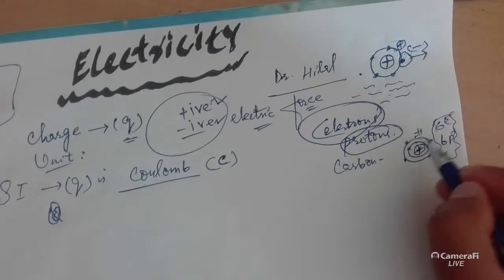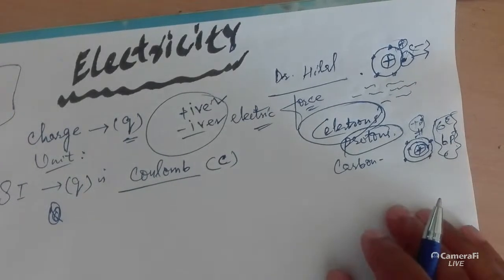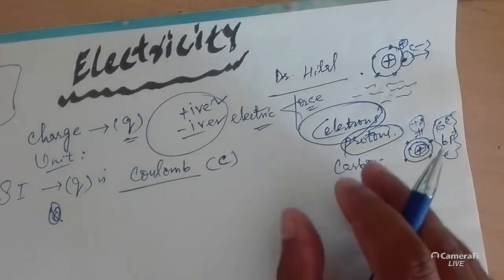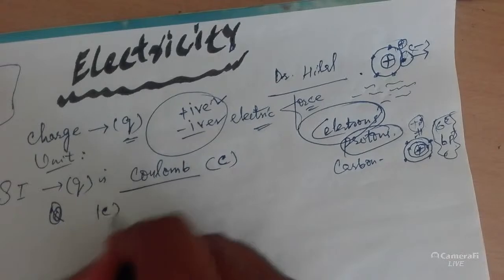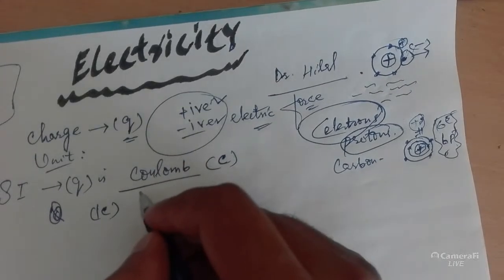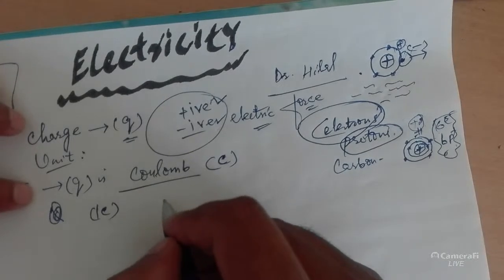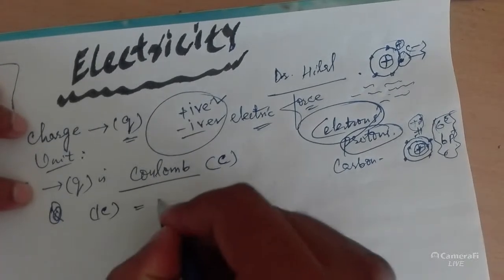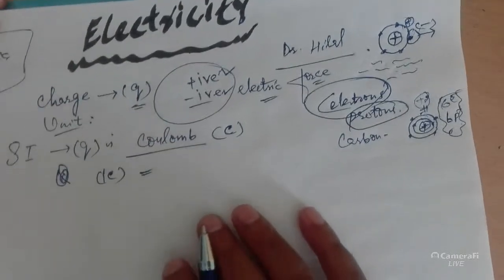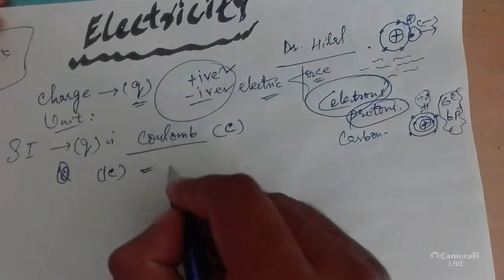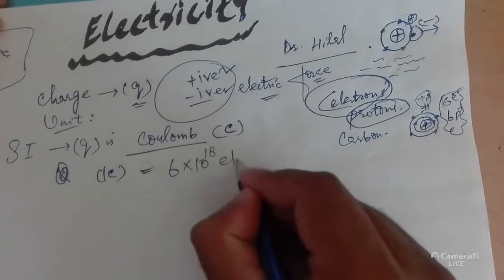When we remove 2 electrons, we can say 2 positive charges, and so on. So what does one coulomb of charge mean? One coulomb of net charge is equivalent to the charge contained in about 6 into 10 to the power 18 electrons, as calculated by experts.